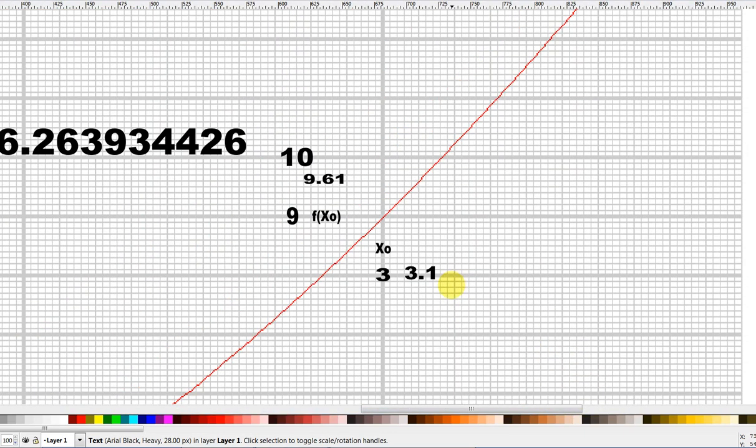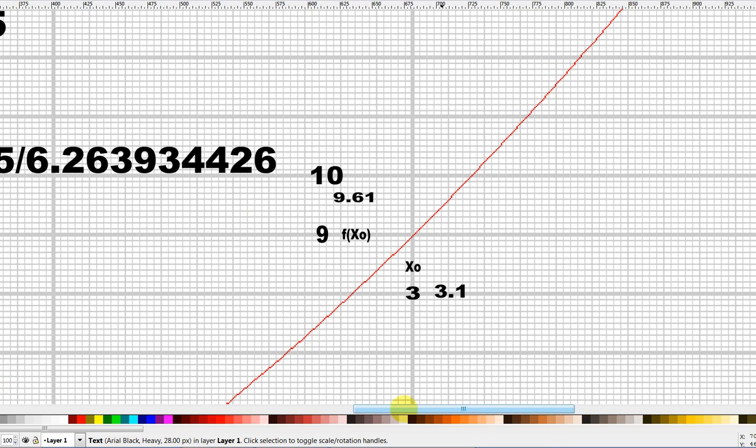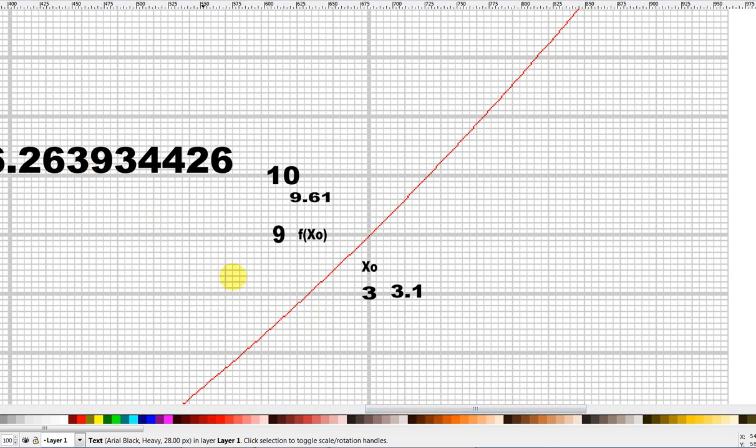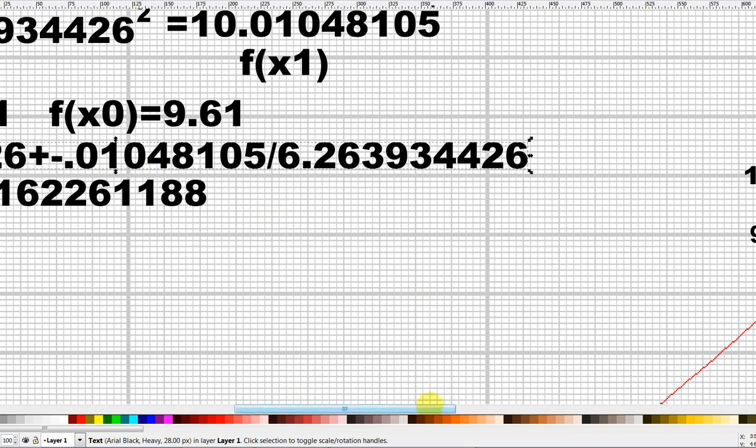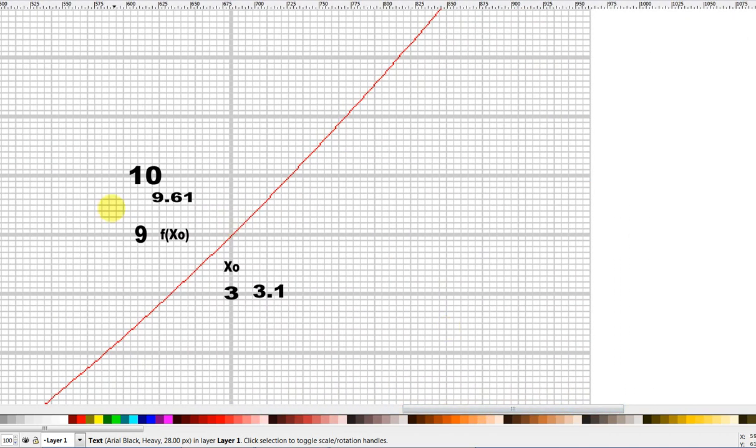And I've labeled here what's going on. Let me move some of these numbers out of the way so they don't clutter up our graph. Okay, so this line right here is for y equals 10. This is y equals 9 right along here. And this is the function y equals x squared, the red line that we're trying to get to.